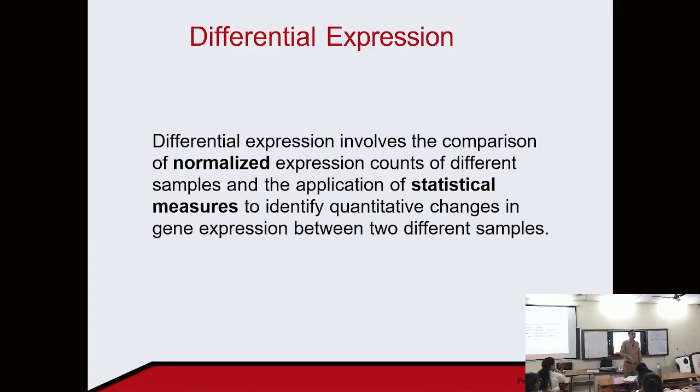For example, 0.01, that is 1%. And it is a two-tailed test, so what would the threshold be? You divide 0.01 by 2, so 0.005.